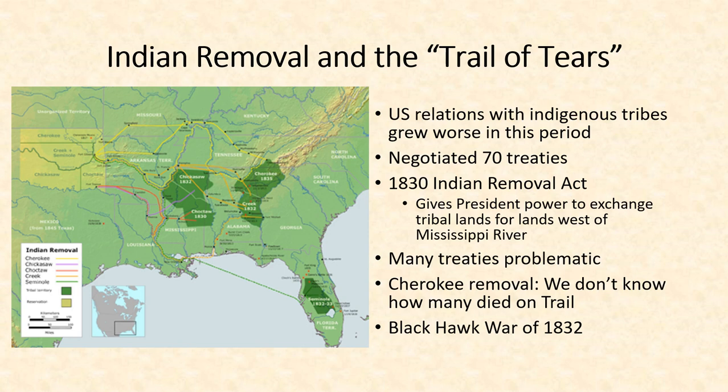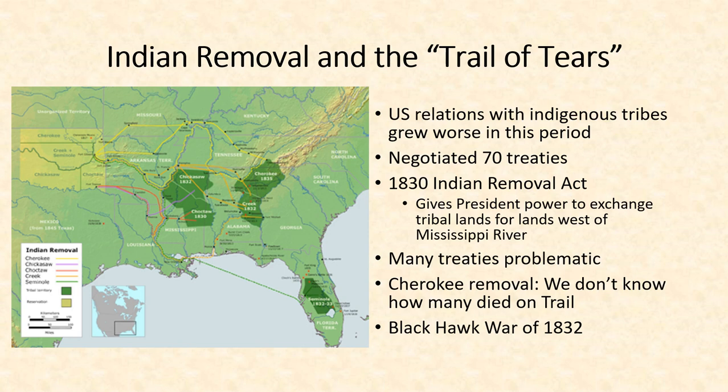One thing I want to say, we don't actually know how many people died on the Trail of Tears. There is a claim out there, and I spent some time researching this before I wrote this lecture, that 14,000 Native Americans died on the Trail of Tears. That number comes out decades after the Trail of Tears.